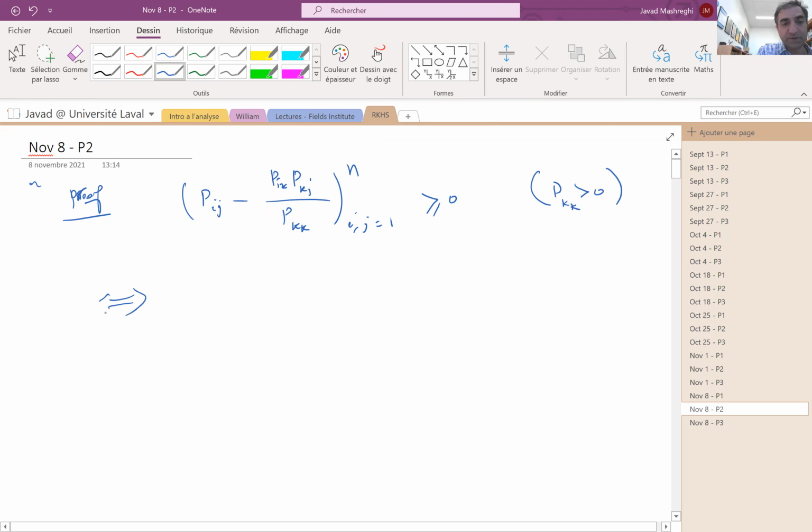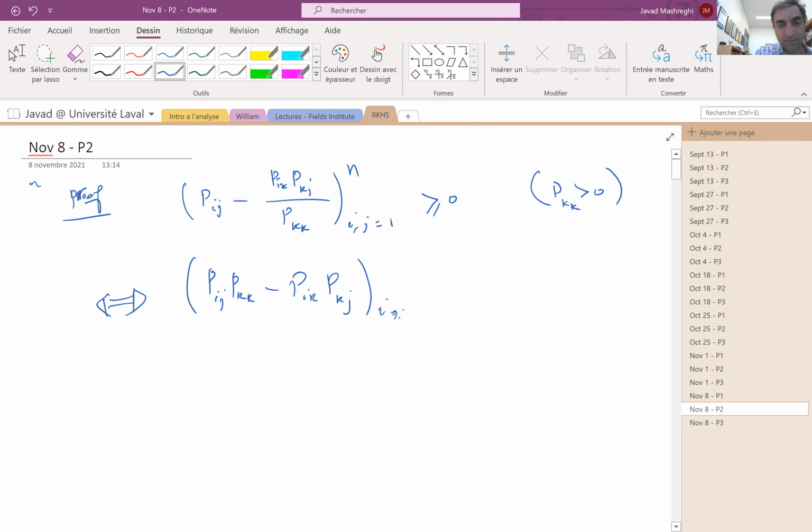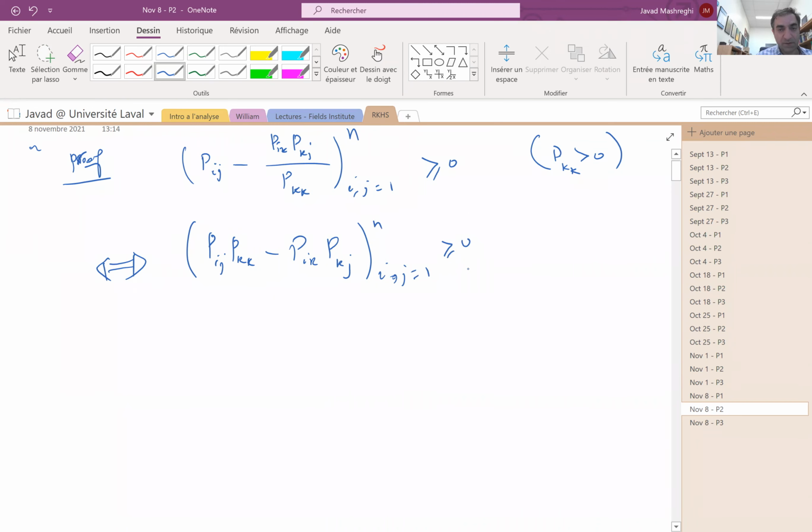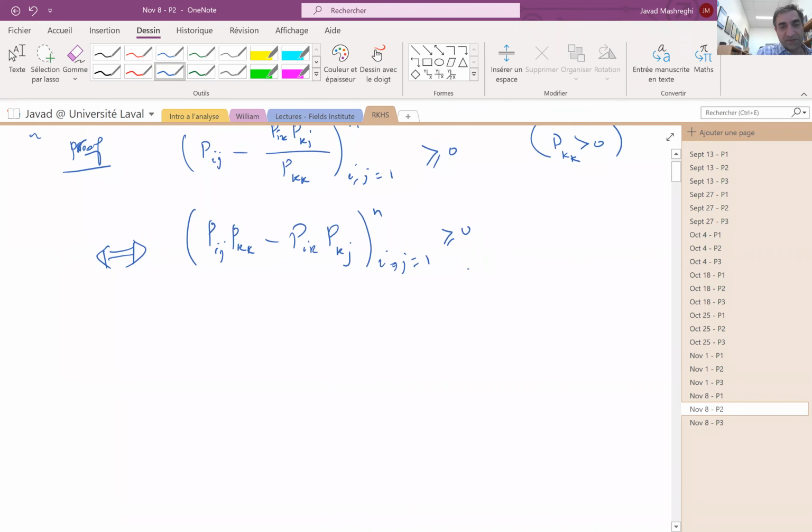So this is equivalent to show that Pij Pkk, we multiply by Pkk, is bigger than or equal to 0. So it's a matrix whose ij element Qij is equal to this one.